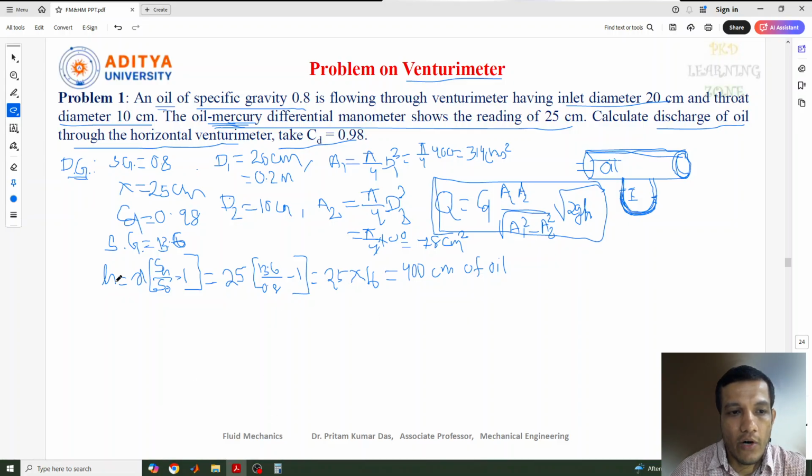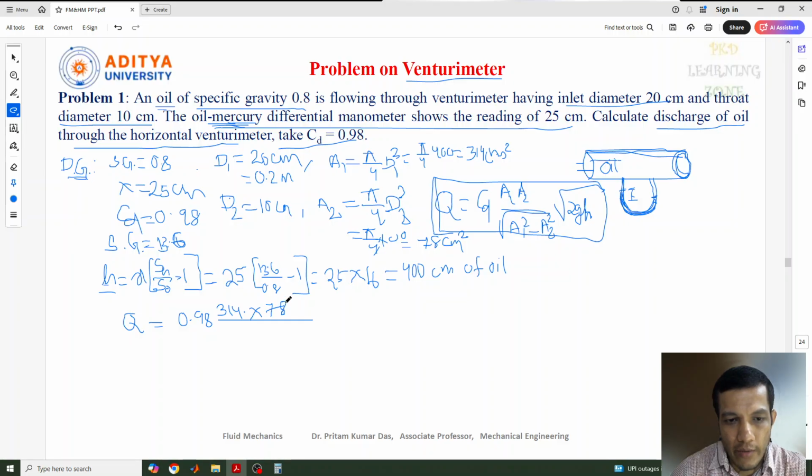Now we have got all these values. H value we got, A1, A2 value we got, just put them in this equation. Now the discharge of this oil, we can write Cd equal to 0.98 into A1 into A2, with A1 equal to 314, some point value is there that I'm ignoring, into A2, which is 78.5.